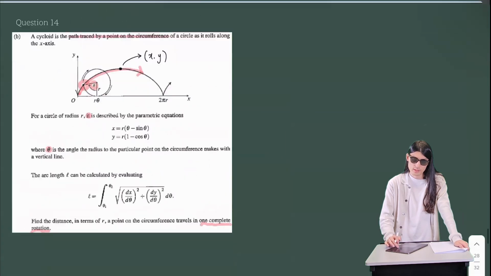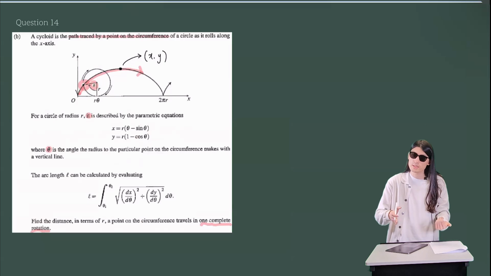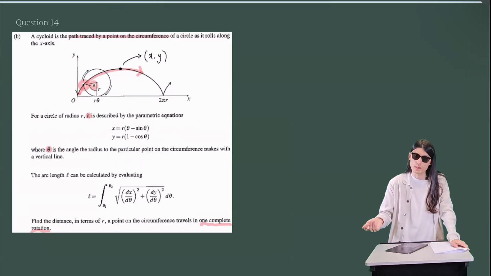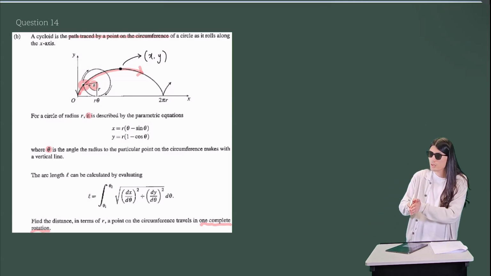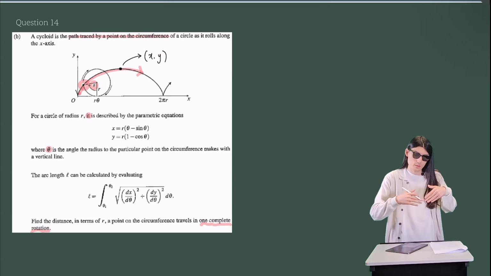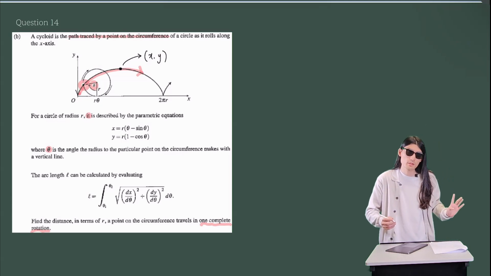You then should understand that when a particular point completes one rotation, theta would just be in the interval 0 to 360 degrees, wouldn't it? 0 to 2 pi, right? Because that's one complete rotation. So starting from theta equals 0, before the rotation begins, it would reach up to 2 pi, 360 degrees, after one complete rotation.